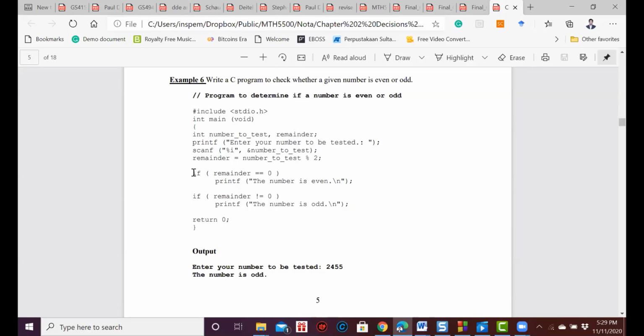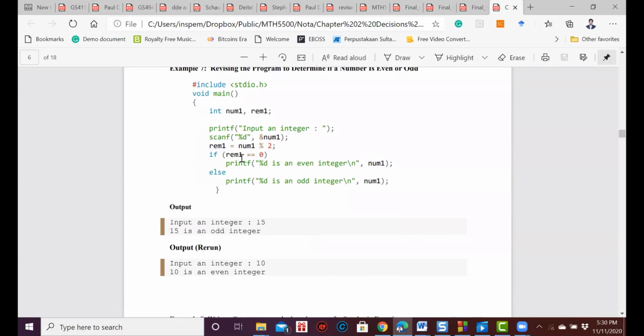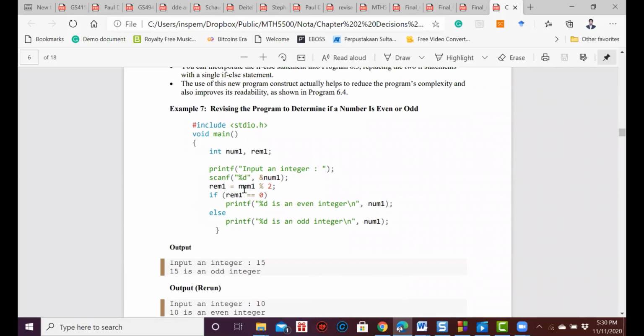Now this coding, the logic is valid, no error. But it is smarter if you write it using an if else statement, for example like this. The output will be the same. So with the remainder of num modulus 2, if the value is equal to 0, then the number is even. Otherwise, else, we print num1 is odd.